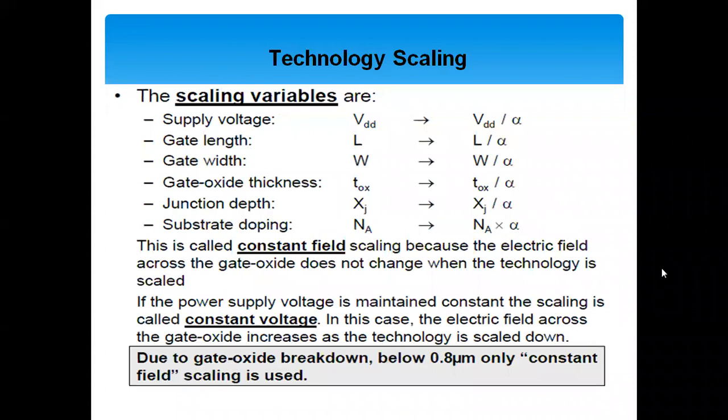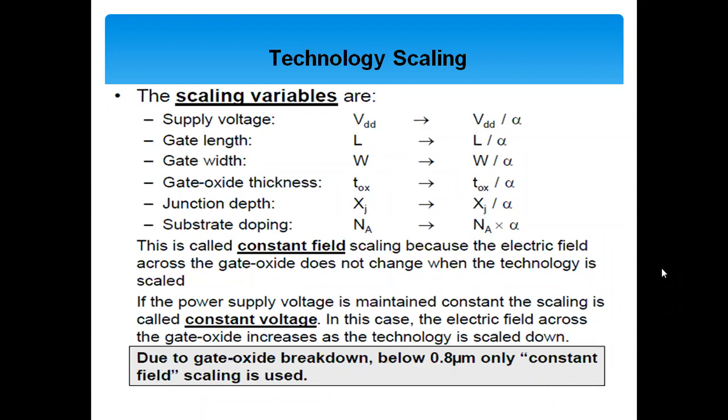But in a practical scenario, what are the different parameters that we should manipulate, or that we should redefine, so that we can achieve the objectives of this technology scaling? So the first one is the supply voltage, that is VDD. It should be reduced by alpha.